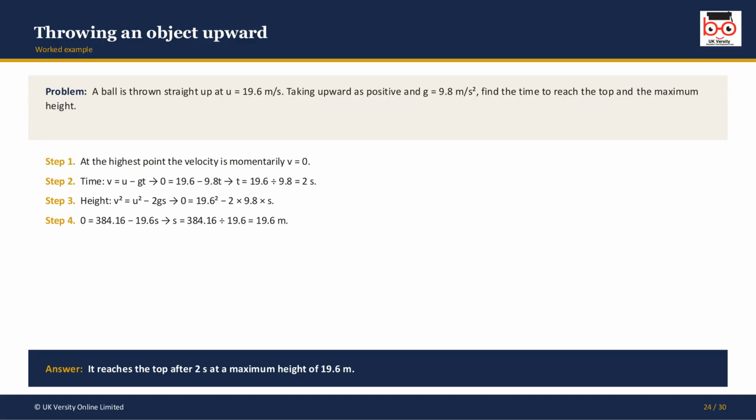For the height, v squared equals u squared minus 2gs gives 0 equals 19.6 squared minus 19.6s. And solving that, s is 384.16 over 19.6, which is 19.6 meters.